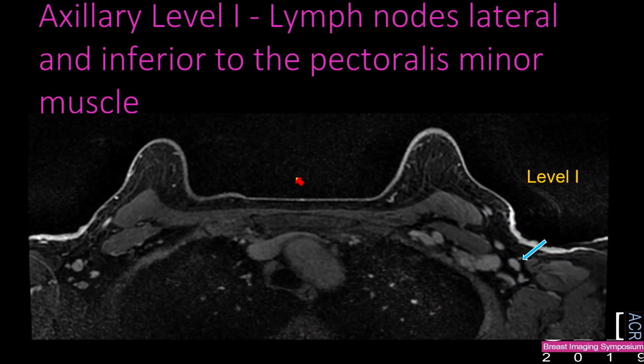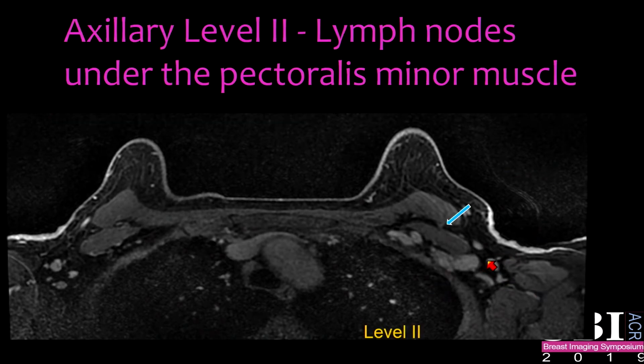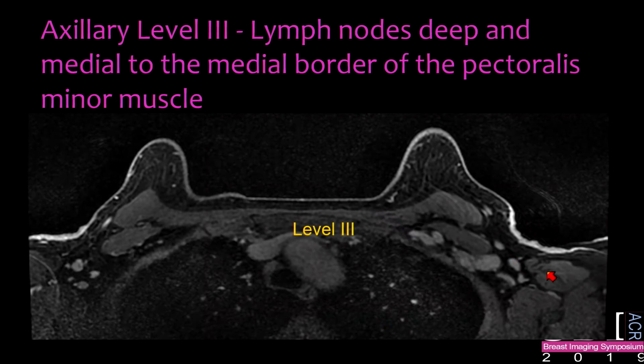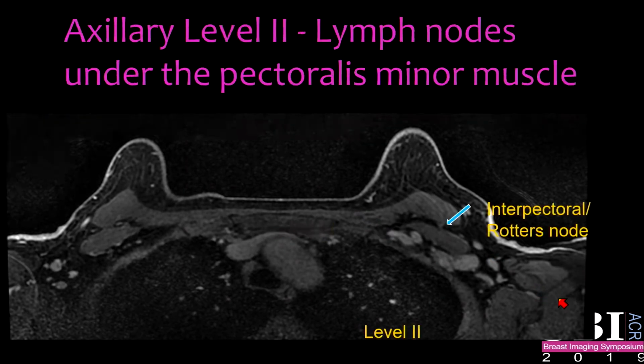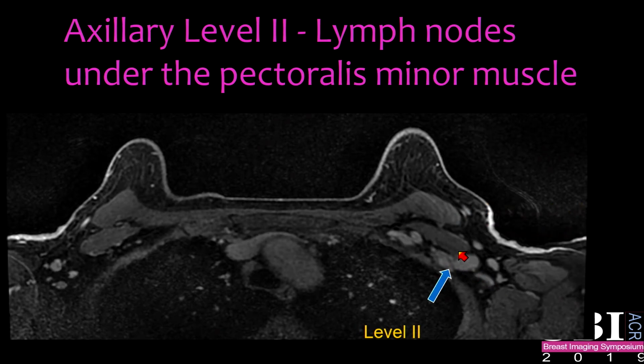Cross-sectional imaging shows these lymph nodes very well. So the level 1 lymph nodes are the lymph nodes that are lateral and inferior to the pectoralis minor muscle. The level 2 lymph nodes are the ones which are under the pectoralis minor muscle.